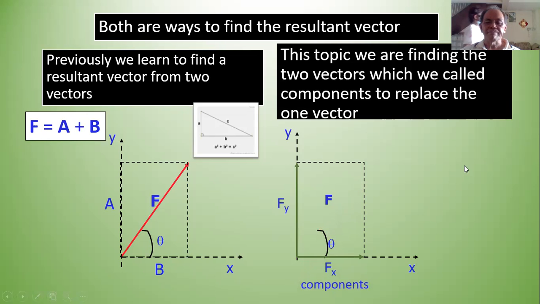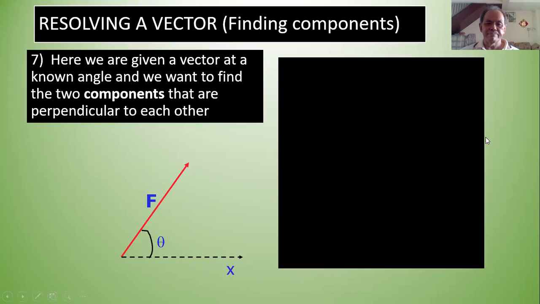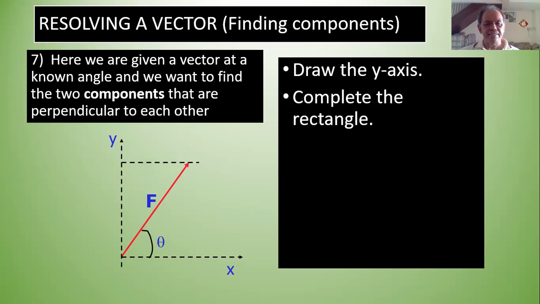Same thing, finding the component of a vector. Here we are given a vector at a known angle, force F at an angle theta to the x direction, and the 2 components. Complete the rectangle using the y-axis and the x-axis.